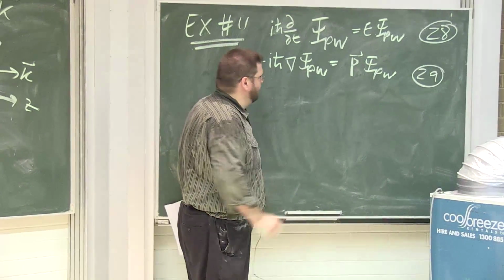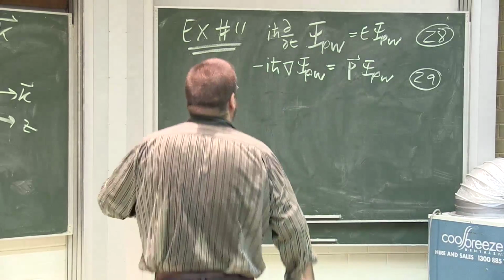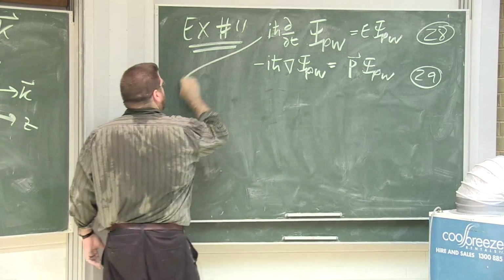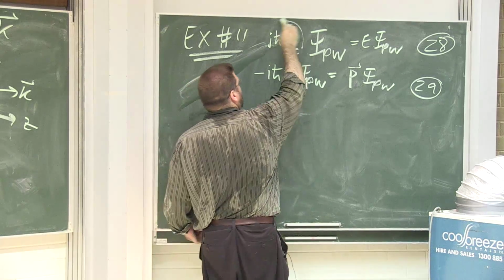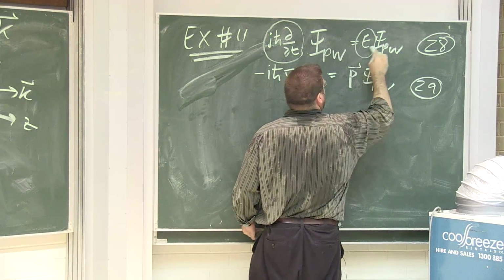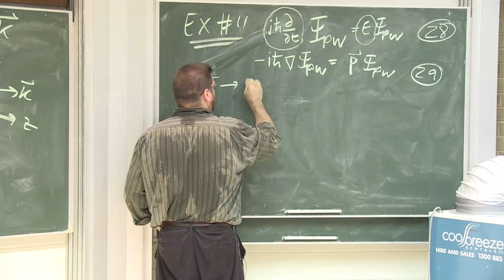But we need to derive these things now. So let's look at the first one. And just to remind you, these were used to motivate the Schrodinger correspondence rules, that E be replaced with an operator.